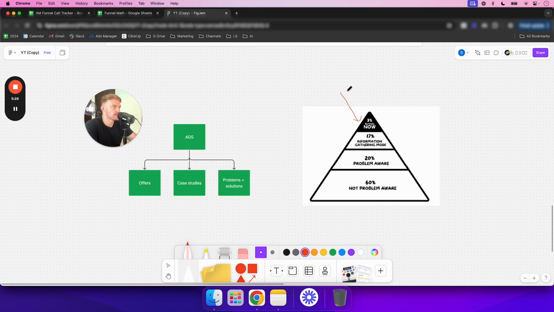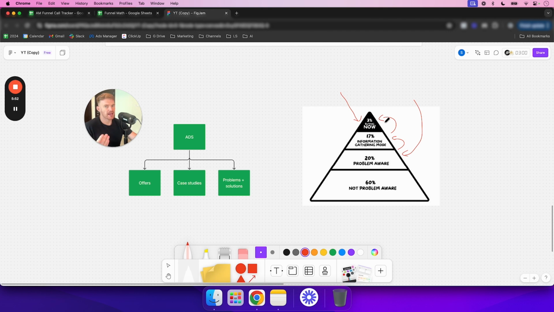I think he actually released an e-com offer a little while ago as well. But he's basically saying that if you really want to scale and spend hundreds of thousands a month profitably on ads, you need to start targeting the people who are problem aware, and you need to transition them into info gathering mode or transition them into buyer now mode.